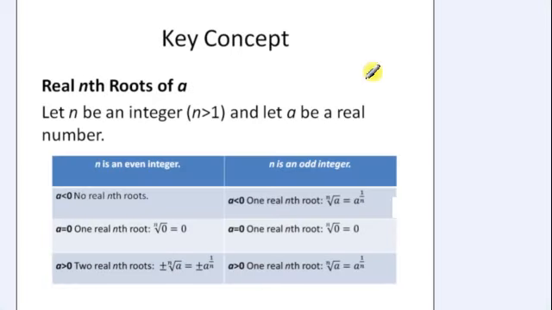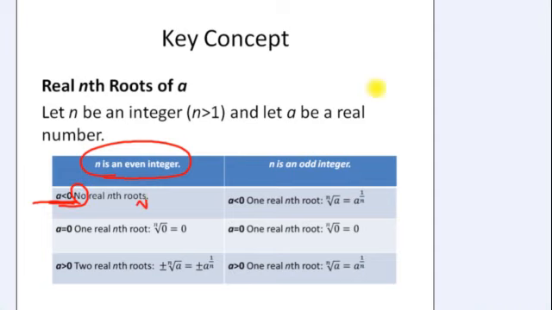Let's look at the key concept of the number of real nth roots of a if n is an integer greater than 1 and a is a real number. Well, let's start out with if n, the index, is an even integer. Well, if I take an even root of a negative number, we will get no real nth roots.